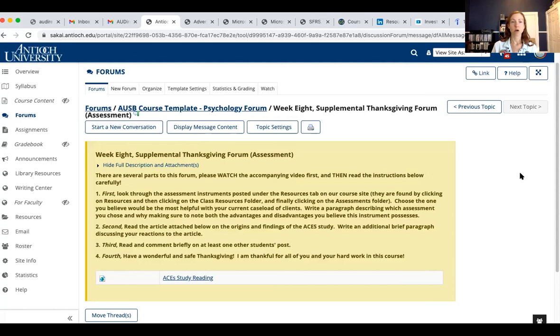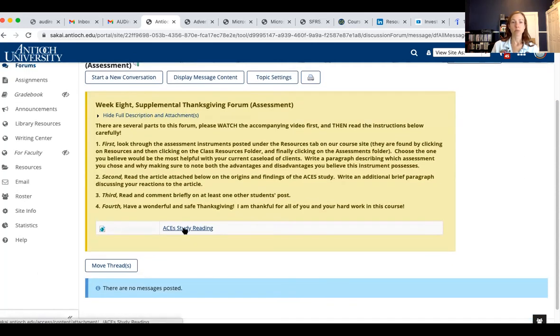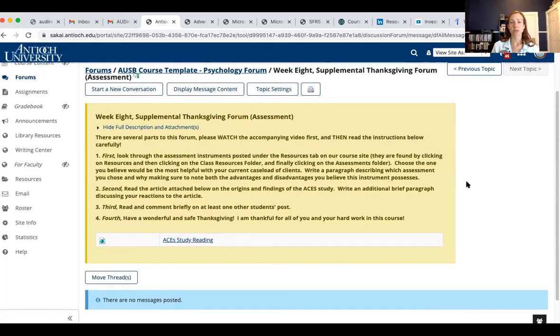Second, you're going to read the article attached below, on the origins of the ACEs study, and then write an additional brief paragraph discussing your reactions to the article. And third, you're required to read and comment briefly on at least one other student's post in this forum.